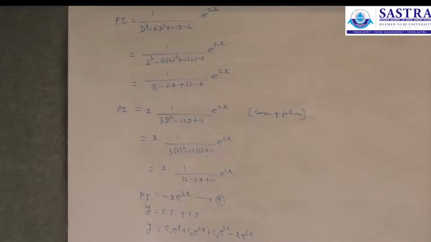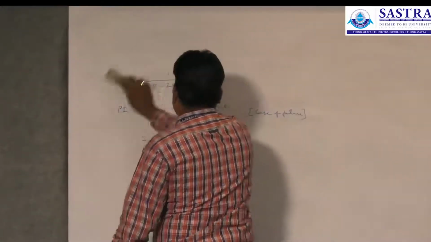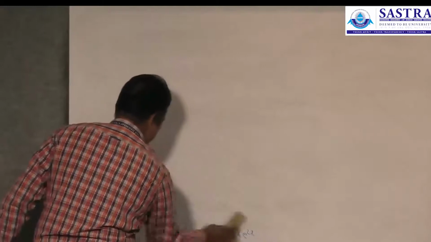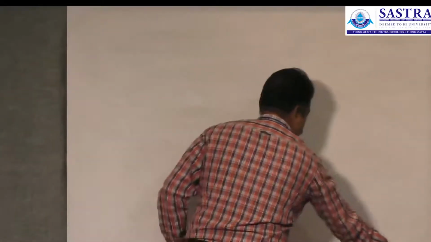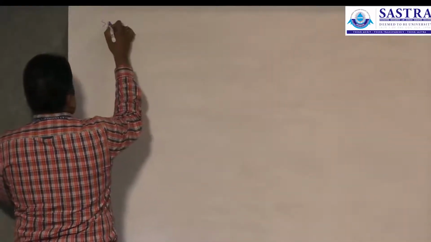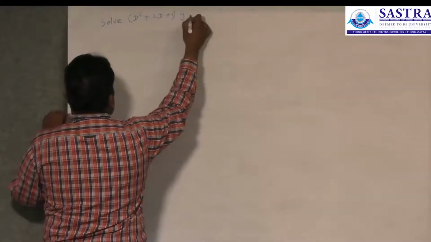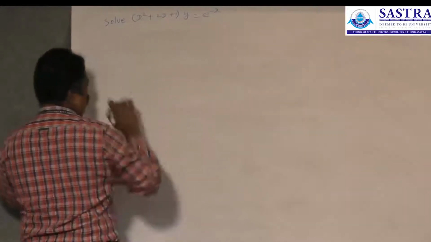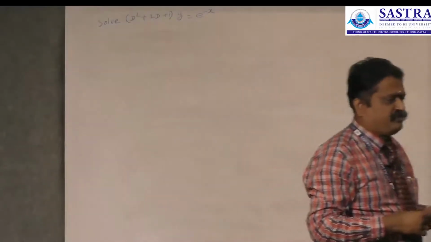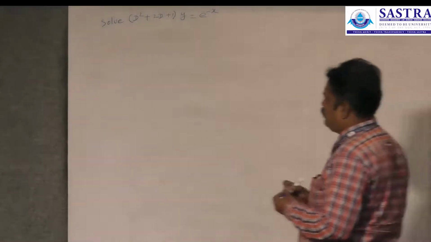Next, problem number 5. Solve d square plus 2d plus 1, whole thing into y is equal to e power minus x.